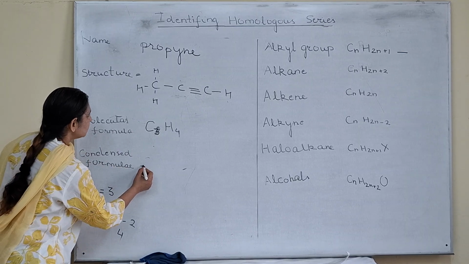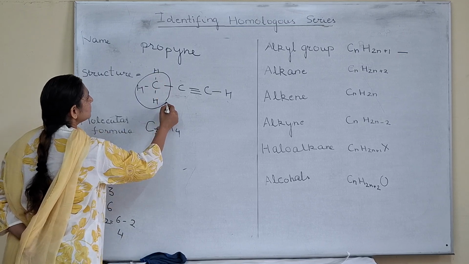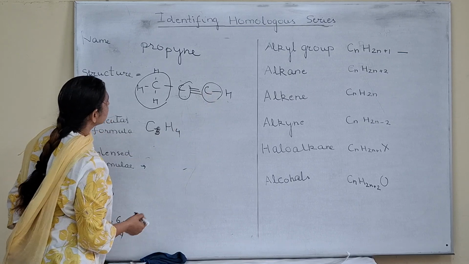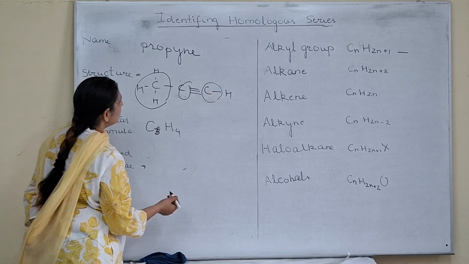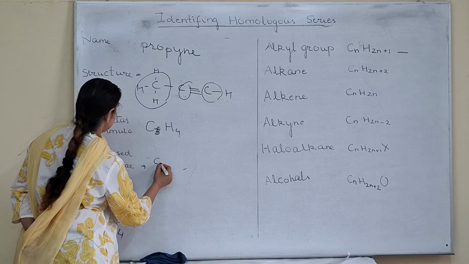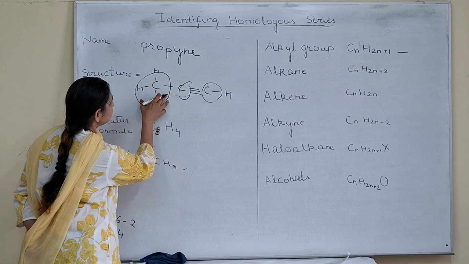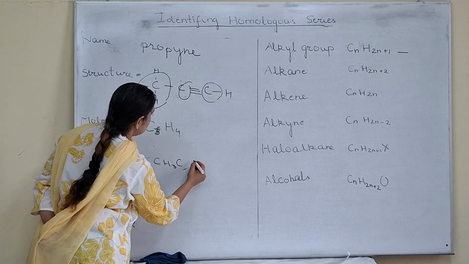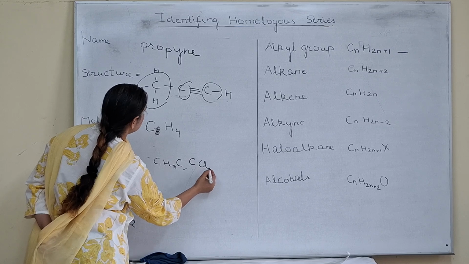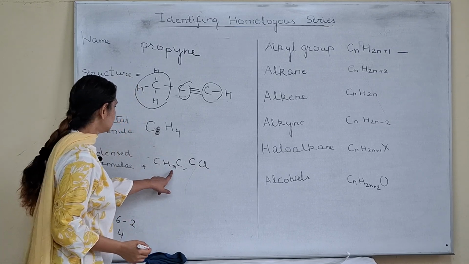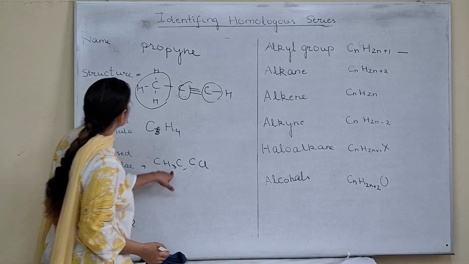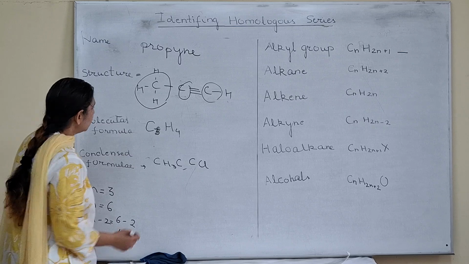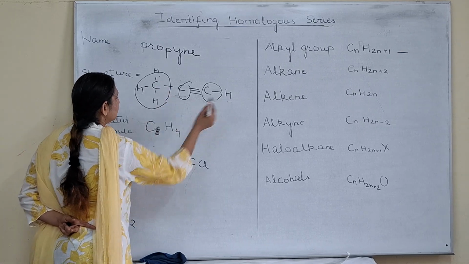Now the condensed form will be this and this. Okay, so it's CH3 and then C alone and then CH. How many hydrogens did we have? No, something is missing. C3H4. Yeah, so you have 1, 2, 3, 4 hydrogens.